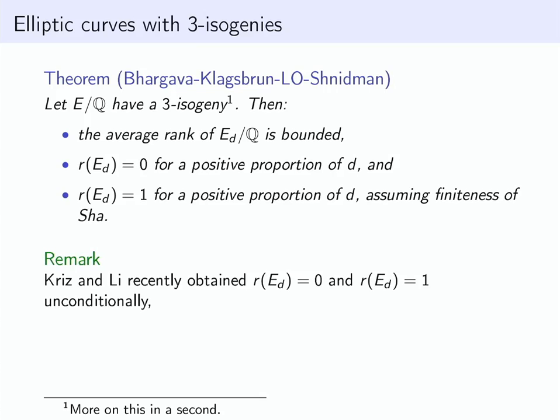The first is that by completely different methods, Kriz and Li recently, I think the paper went up maybe in November on the arXiv, showed that you can actually get a positive proportion of twists with rank 0 and rank 1 unconditionally. But they do not get a result on the average rank, and their proportions are much weaker.